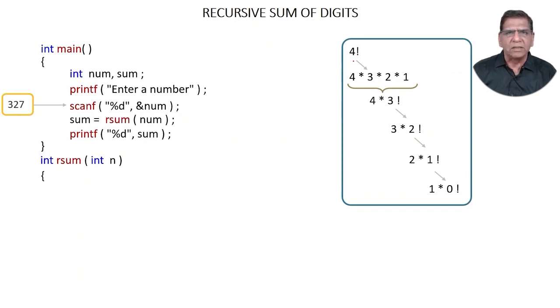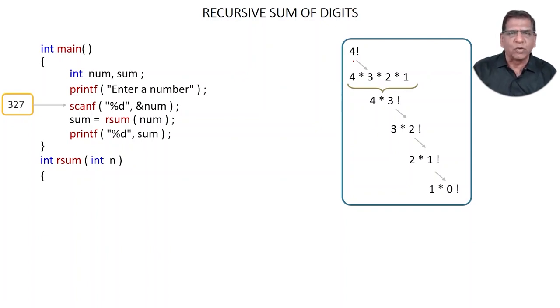The point I am trying to make is that 4 factorial is expressible in the form of itself. 4 into 3 factorial, when I say 3 factorial, I am expressing 4 factorial in terms of some other number's factorial. So any logic which is expressible in the form of itself is something which is programmable using recursion.